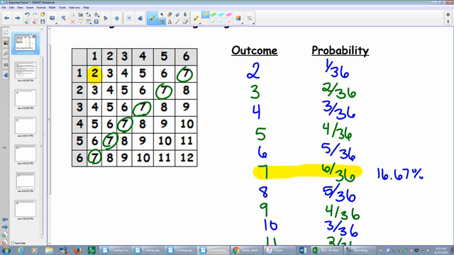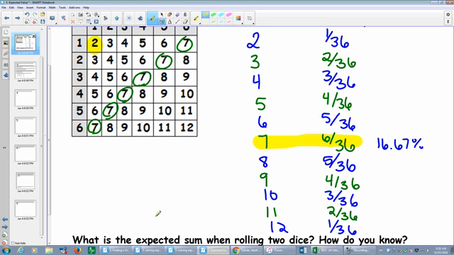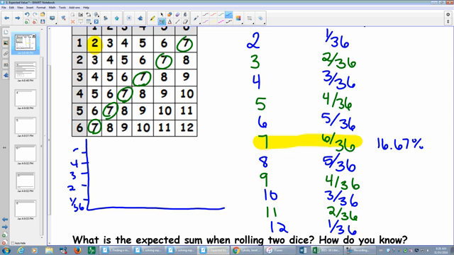So now, if I were to sketch this out, it's going to look something different. I'll say this is 1/36, 2, 3, 4, 5, 6 out of 36. I'm just not going to write the denominators because it's going to look a little sloppy.